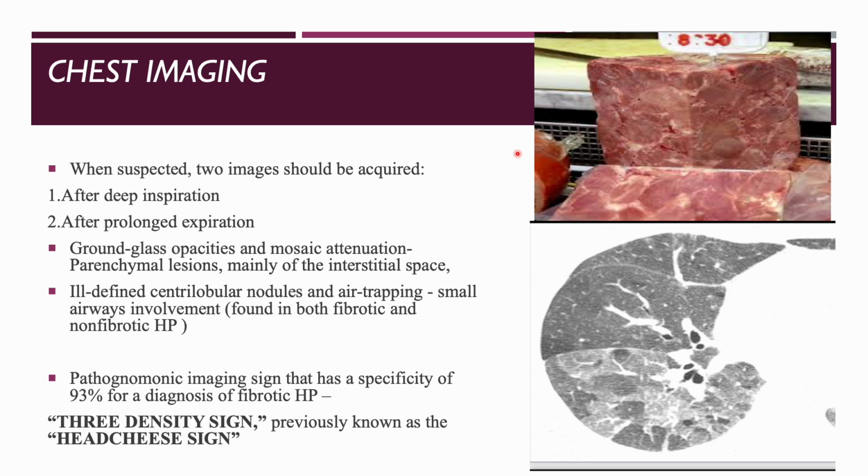And as I said, the almost pathognomonic sign is the three density sign, previously also known as the headcheese sign. So three densities: the normal density, ground glass attenuation, and decreased density and decreased vessel size due to air trapping. So you see three different densities. That is almost pathognomonic, but you will get it only on an expiratory scan.